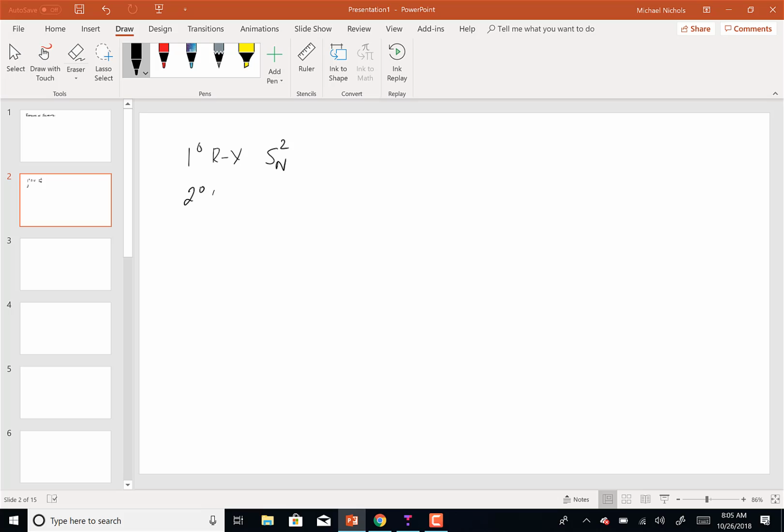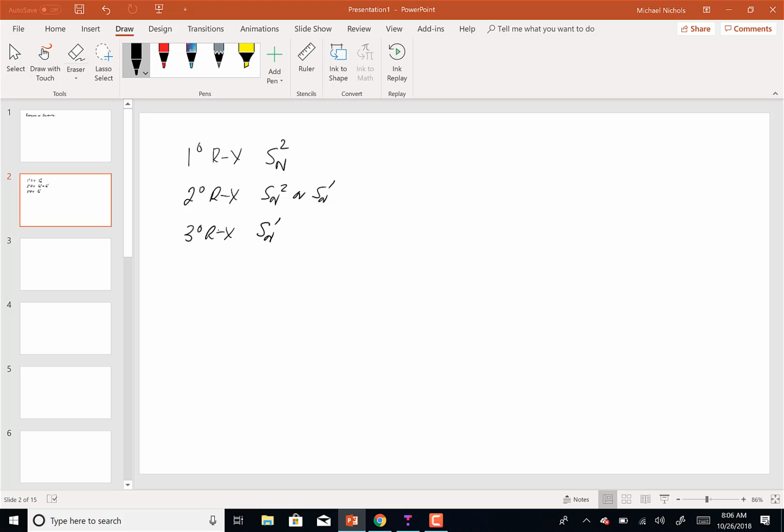For a secondary alkyl halide, we could have SN2 or SN1 because a secondary carbocation is stable, and most secondary halides are not sterically hindered enough to block SN2. And finally, the tertiary halide is too sterically hindered for SN2. Its carbocation is very stable, so it can only undergo SN1.